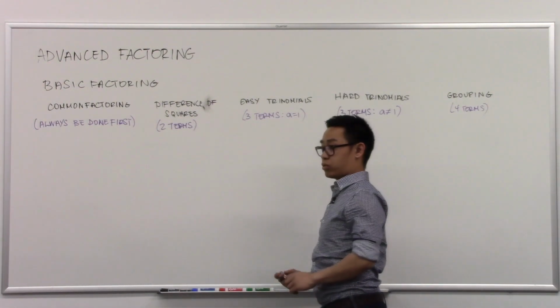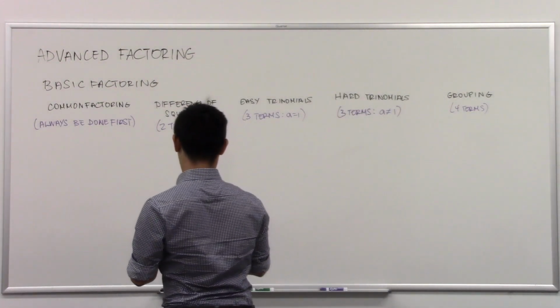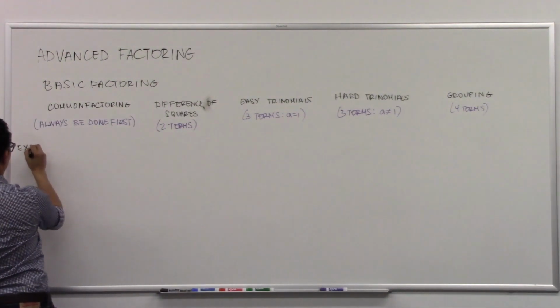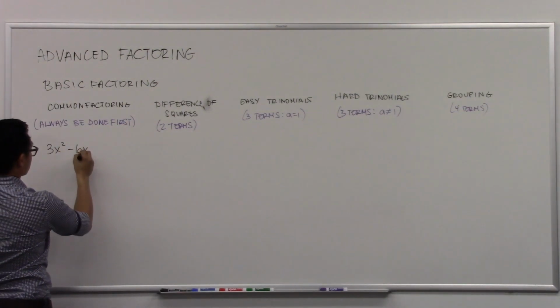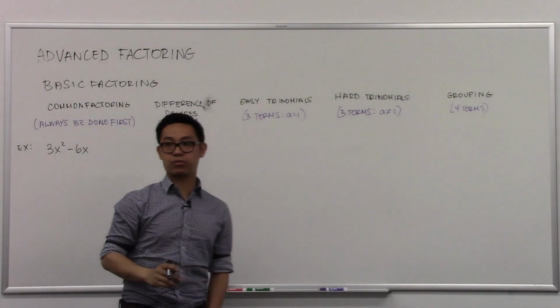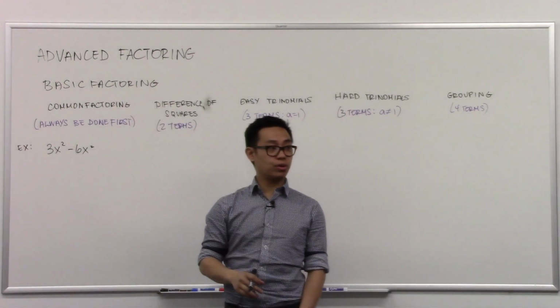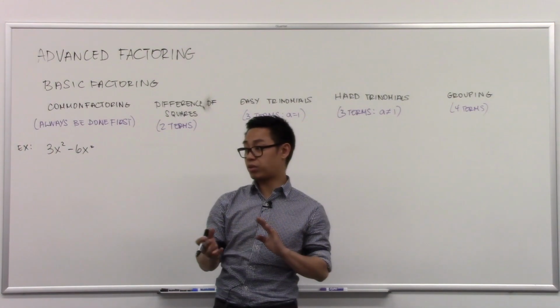So we're just going to run through examples of all of these. So for example, if I have 3x squared minus 6x, okay? What you do is you pull out what's in common. Factoring is the opposite of expanding and simplifying.